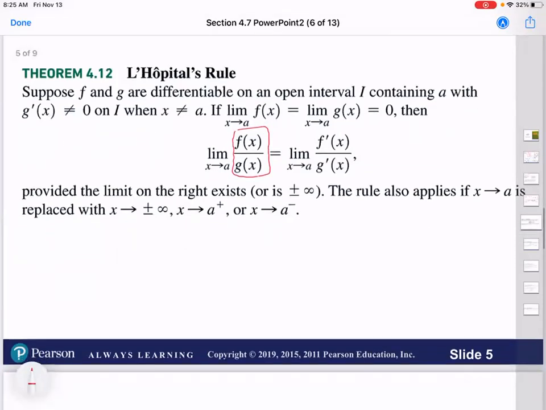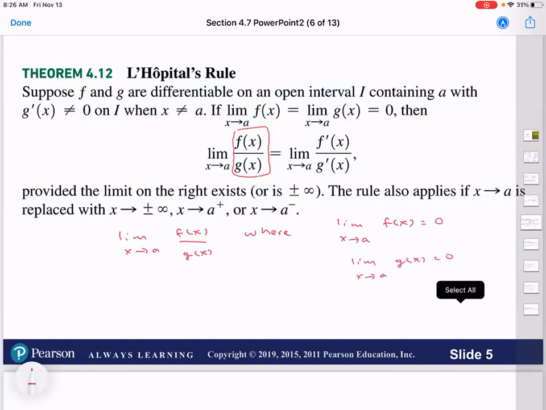So let me write a little differently here. You have f(x) over g(x), where the limit of f(x), the top one, as x approaches a is 0, and the limit of g(x) is also 0.